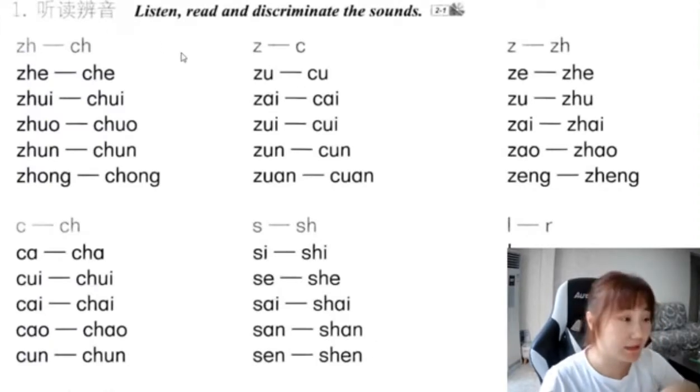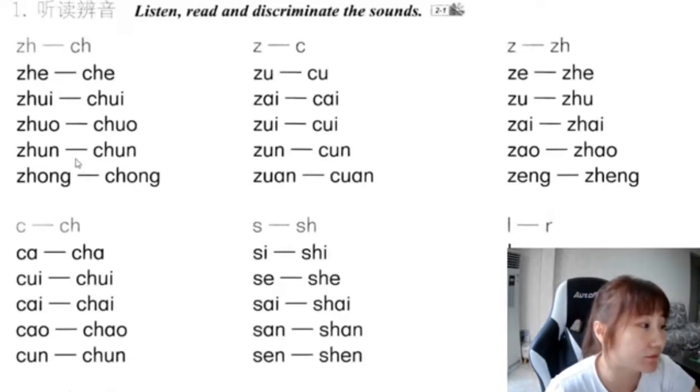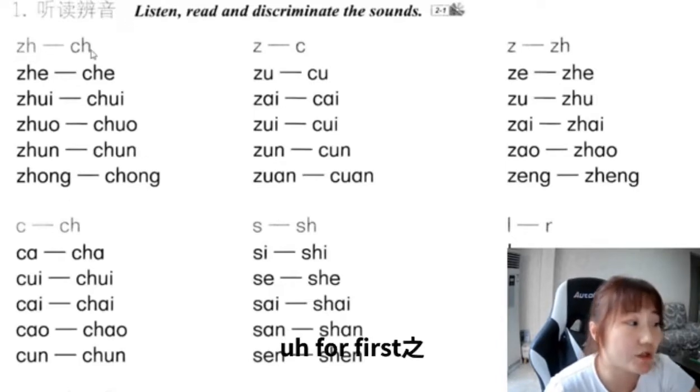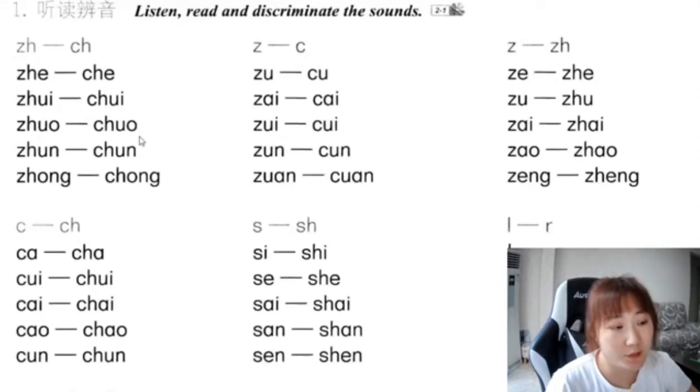First, listen, read, and discriminate the sounds. The first one, zh, ch, zh, ch. 追,吹,周,抽,军,春,中,冲。Okay, you need to practice one by one.